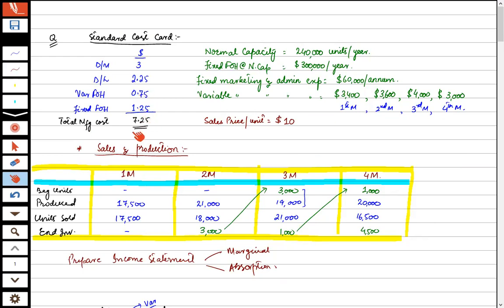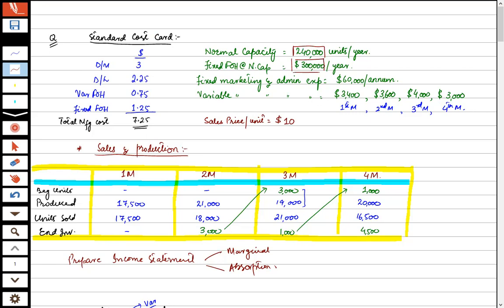For this, we have to see the fixed cost at normal capacity, or the old definition, that fixed cost remains the same at all levels. Look at this very carefully: for the normal capacity of 240,000 a year, we have a fixed cost of 300,000 per year.